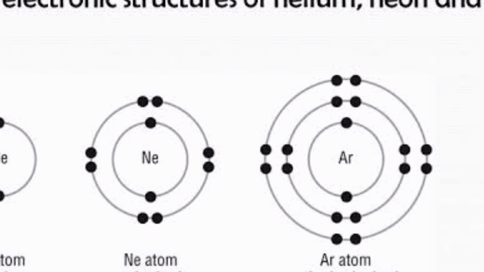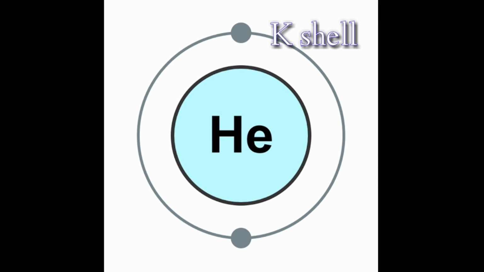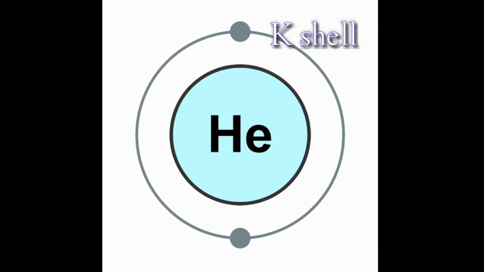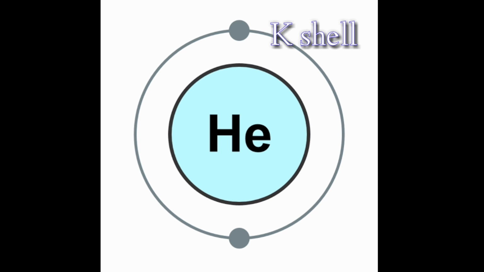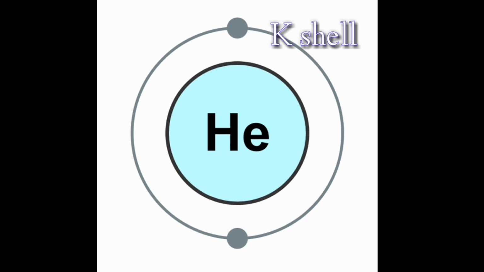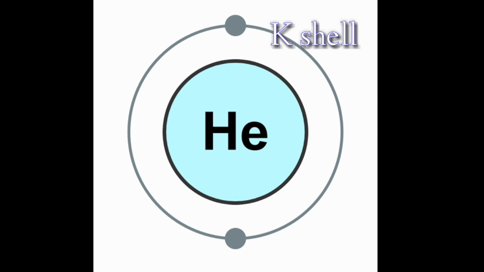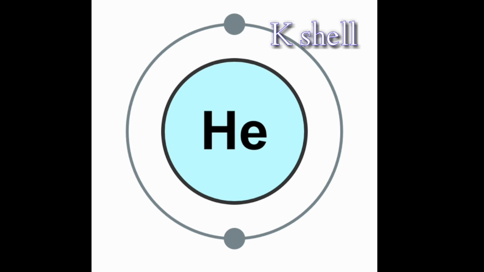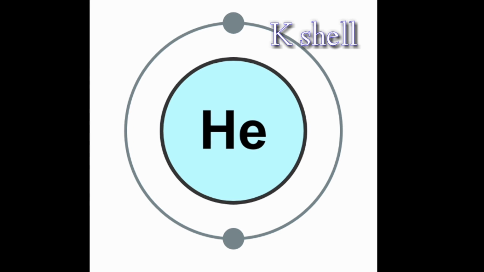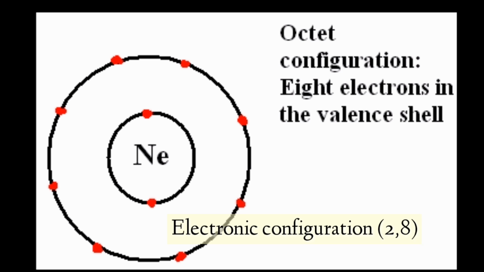Here the shells are also drawn. If we take helium, there is only the K shell, and the K shell has 2 electrons. We should remember that the K shell can accommodate a maximum of 2 electrons only. Next come argon and neon.